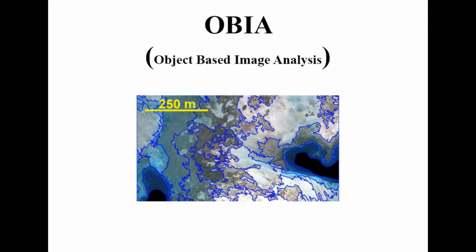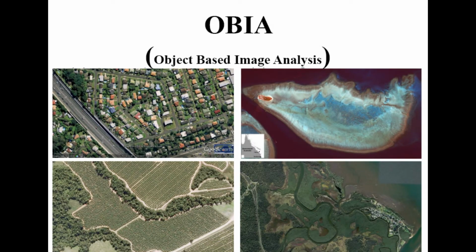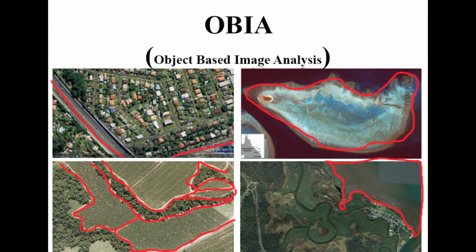To summarize OBIA, or object-based image analysis, it creates image objects through use of polygons. Object-based analysis is good when working with patterns, for example grey shopping centre areas surrounded by black roads, or a farmland area surrounded by gravel roads or dirt roads.